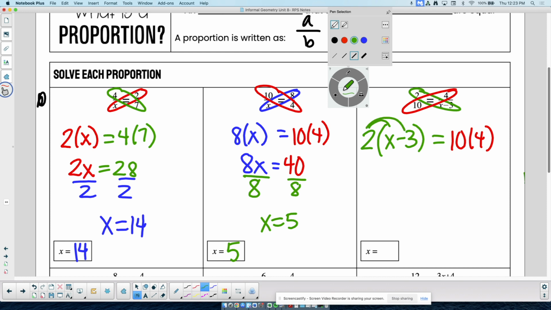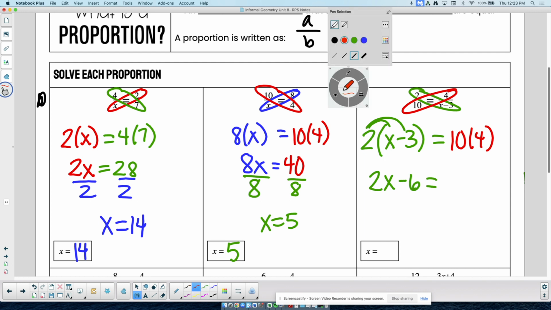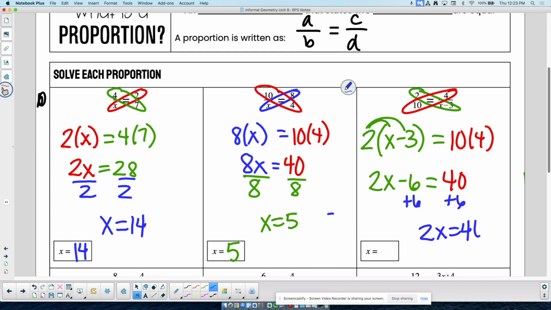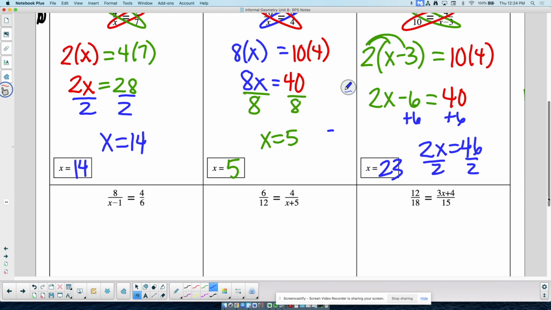Got to distribute that 2, so 2x, 2 times negative 3 is negative 6. 10 times 4 is 40. Add over 6. We'll get 2x equals 46. Divide by 2, and we'll get 23. Perfect.